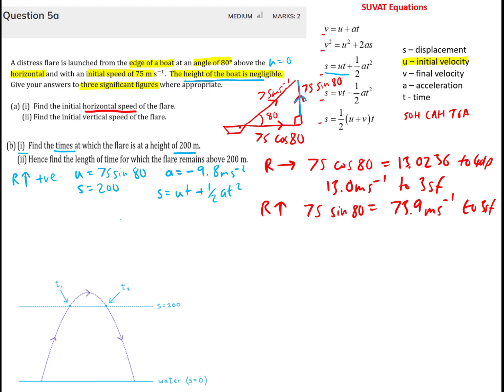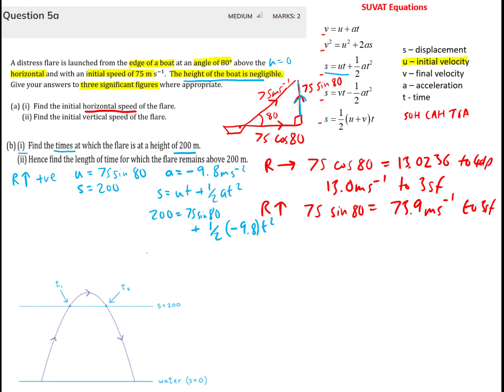Substitute those values in. So we get 200 equals 75 sine 80 t plus a half times minus 9.8 t squared.